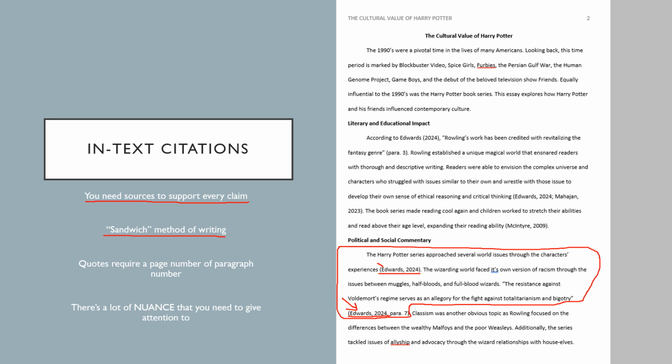All right, so let's take a look at quotes. Now, quotes require a page number or a paragraph number, depending on what you're using. Okay, so if it's a book or a journal article, we're going to use a page number. If it's a website, you're going to use a paragraph number.